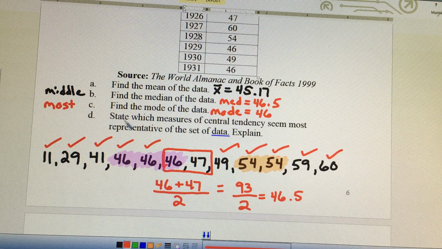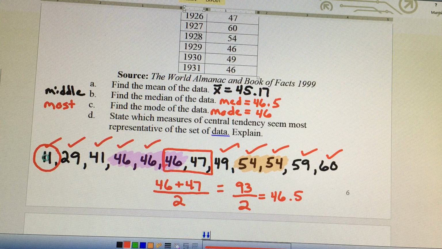Letter D, the last problem here, says state which measures of central tendency seem most representative of the set of data. And then we want you to explain. As you take a look at the 3 different measures of central tendency, mean, median, and mode, which one seems to describe Babe Ruth's home runs the best? I realize all 3 of these numbers are really close, but I would encourage you to realize that we had 1 year where 11 home runs led the league. 11 was a lot smaller than most of these other numbers.